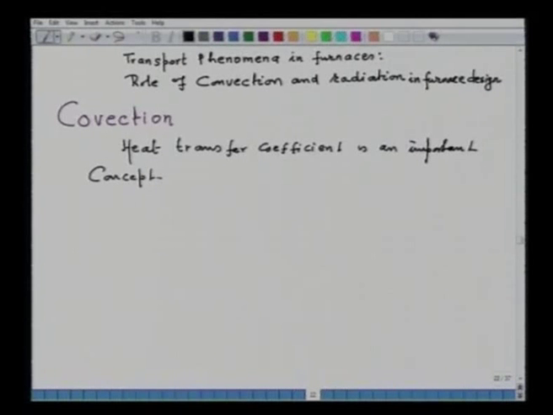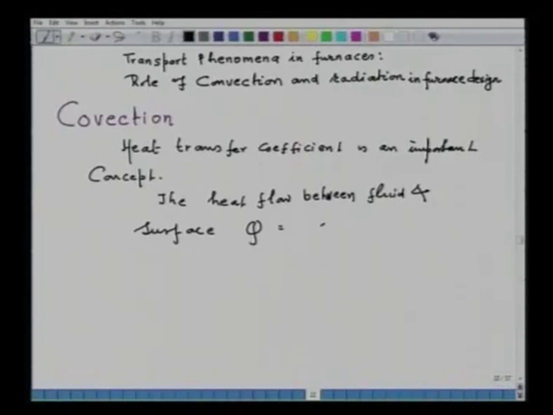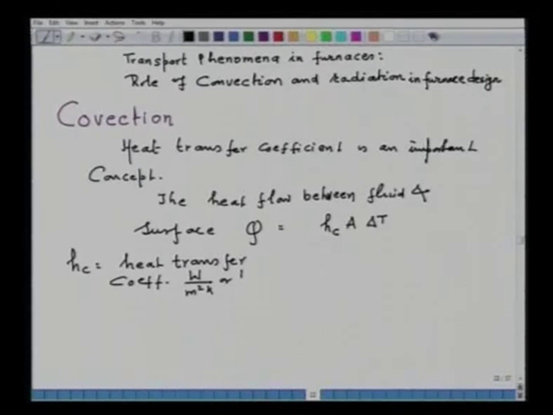Now, according to this heat transfer coefficient, the heat flow between fluid and surface is Q equal to h_c A delta T, where h_c is the heat transfer coefficient, and its dimensions are watt per meter square Kelvin, or it can also be expressed in British thermal units per hour feet square degree Fahrenheit.